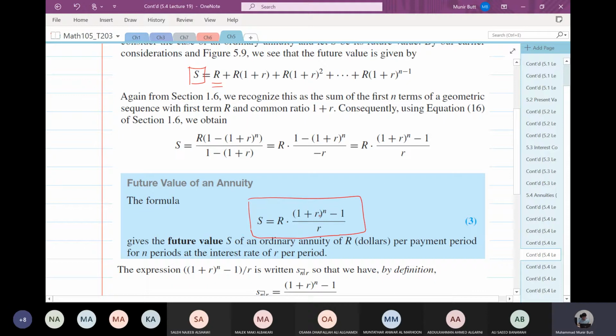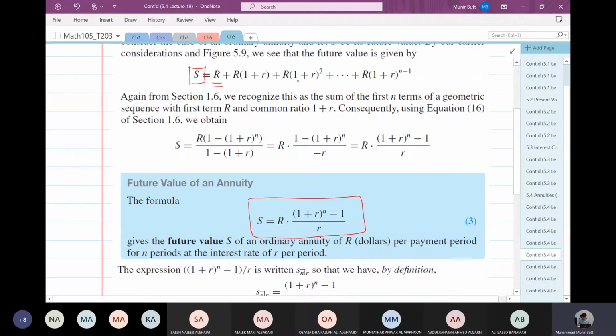We don't want to go into the detail of how this formula has been established, but the idea is the following, that in the beginning we have the R amount, then we sum the rest of the amounts, means it will be R into 1 plus r and so on, up to the power n minus 1, but the total term will be n because it is in the beginning.